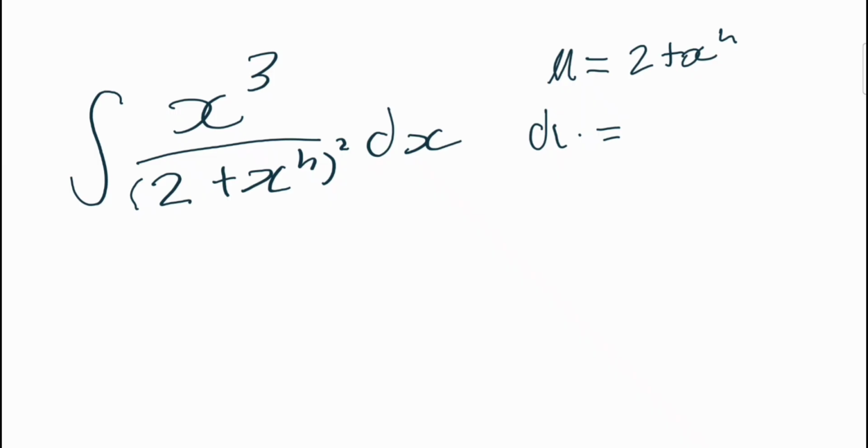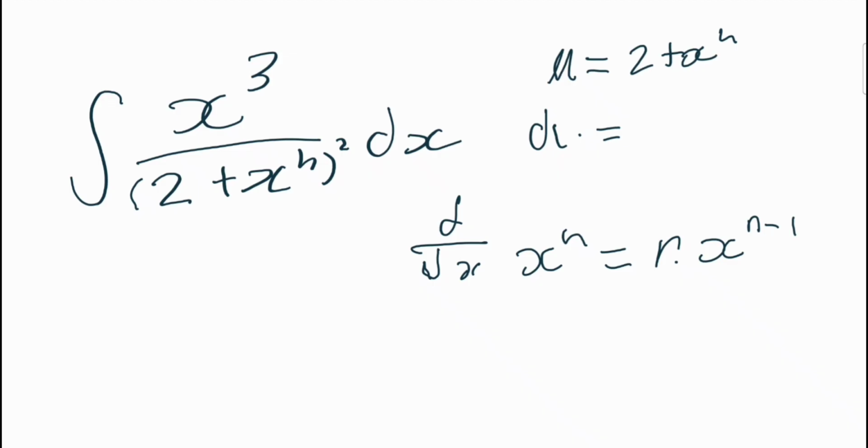If we use the rule that the derivative of x to the n is n x to the n minus 1, and apply that same rule to x to the 4th, this is going to equal 4x to the 4 minus 1, or 3.